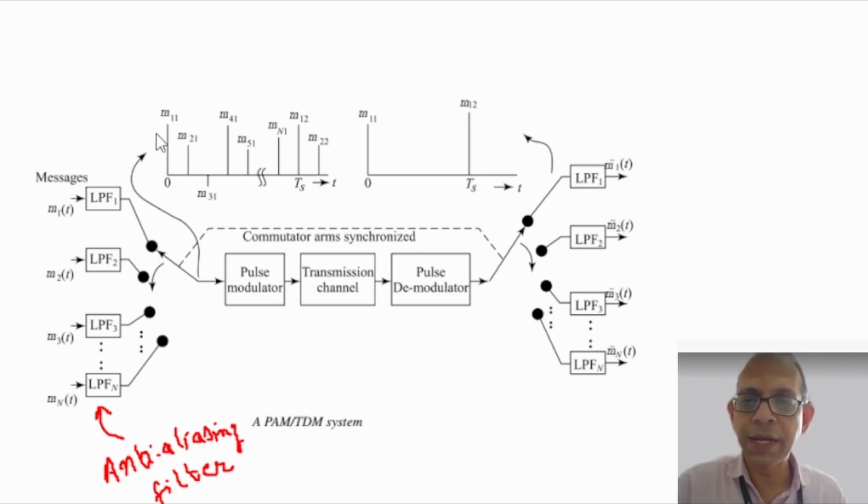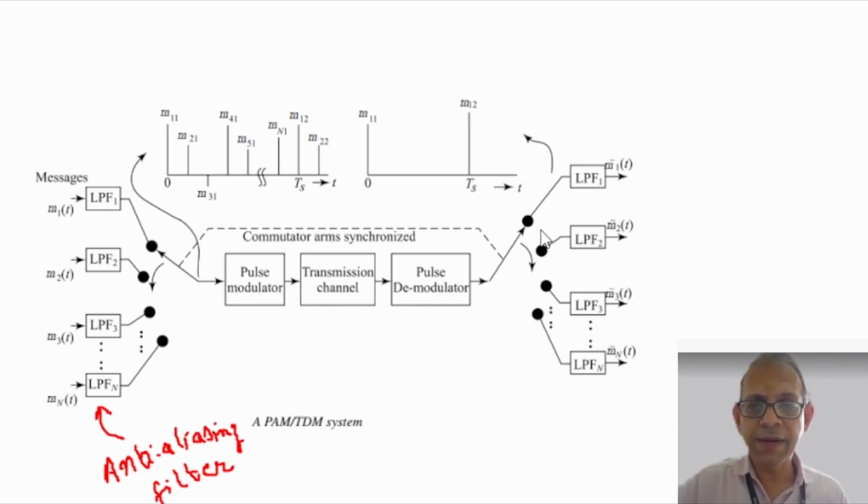It continues, and you can see here that M11 denotes the first sample of the first message signal, M21 is the first sample of the second message signal, M31 denotes the first sample of M3(t), and so on. This way the samples are obtained and transmitted through the channel.